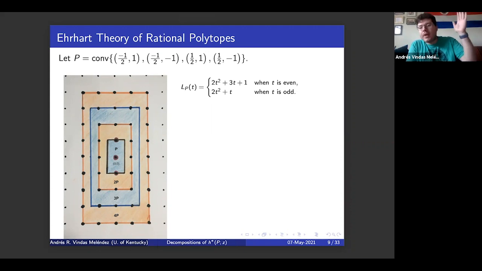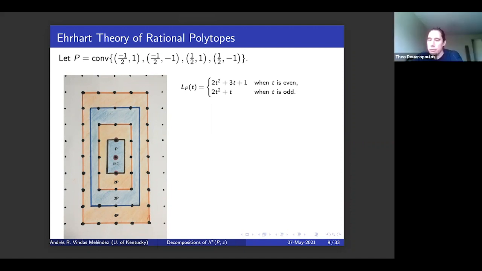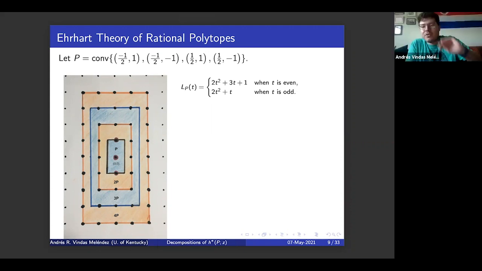No, it could be a rational polytope. It's just that it could have smaller period than we would expect, right? So we expect the period to, for the most part, be the denominator, but if my denominator was 5, my Ehrhart quasi-polynomial might have only 4 polynomials showing up. And so it might just cycle through 4 polynomials. And that's a big field, there's a lot of work to be done in that area. But in this particular example, it did turn out to be period 2.